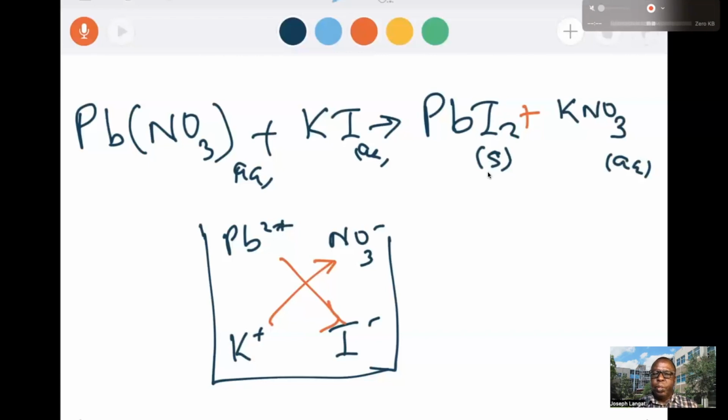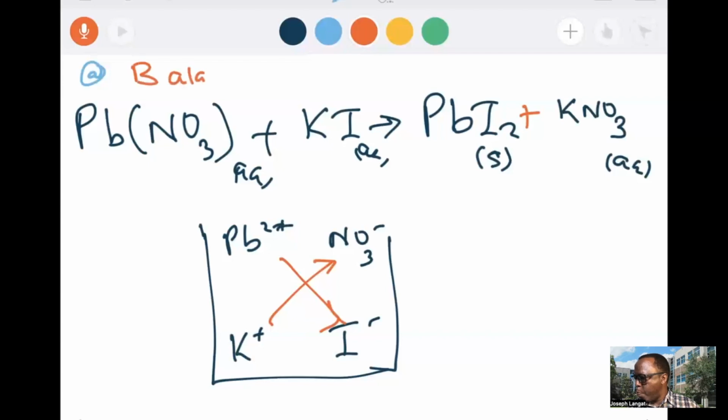Remember, we are writing a balanced equation. This is a balanced molecular equation, that is type 1 of reaction in aqueous.